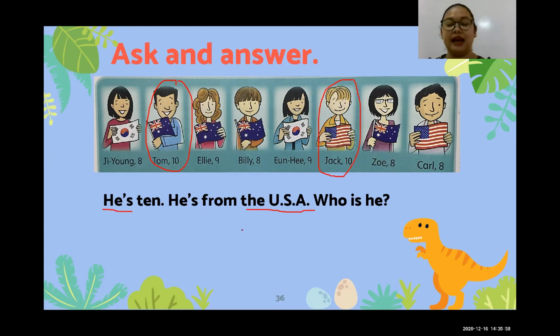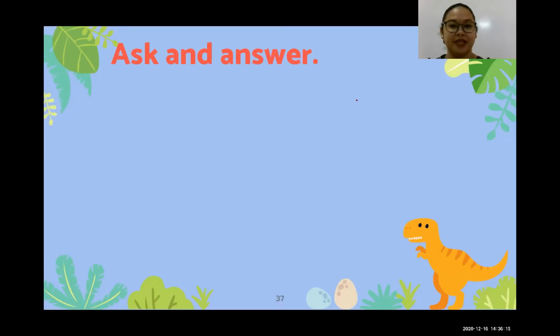He's 10 and he's from the USA. Who's from the USA? Who is he? Is it Tom or Jack? The answer is, it's Jack. Yes. Okay, so let's proceed.